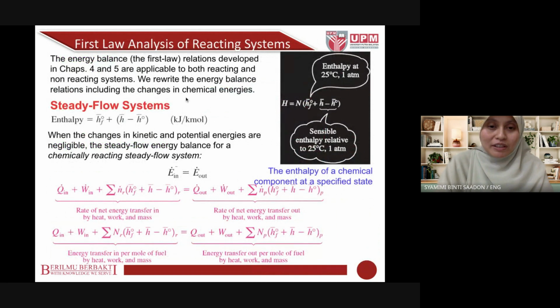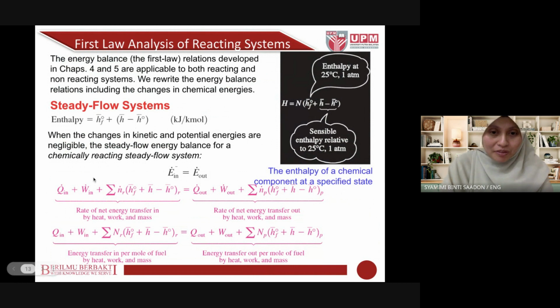Okay, so the first law, the energy balance just now, the first law of thermodynamics. For a steady flow system, the calculation of the energy will be written like this. So this is the reference state, the enthalpy of formation at the reference state, usually 25 degrees and 1 atmosphere, plus the change of the enthalpy of the process.